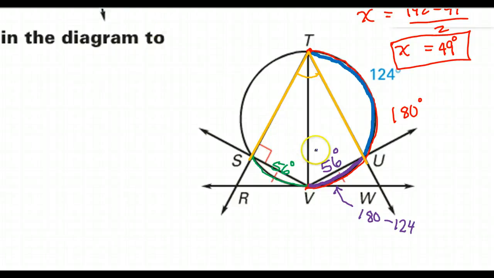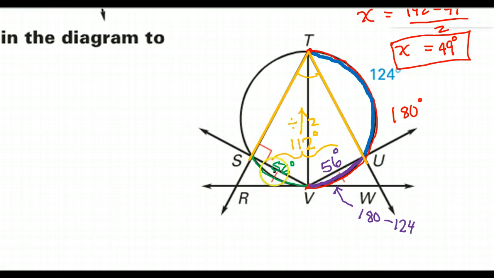I can just add the two 56s to find that total down there. So if I look at the total degrees in this area, together this makes 112 degrees. So if I want to find the angle, I'm just going to divide that by 2.